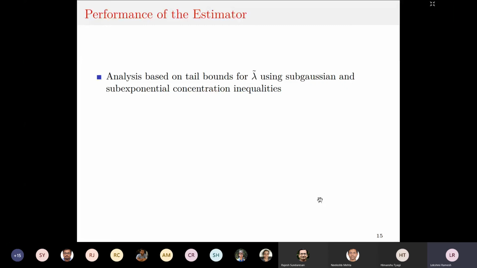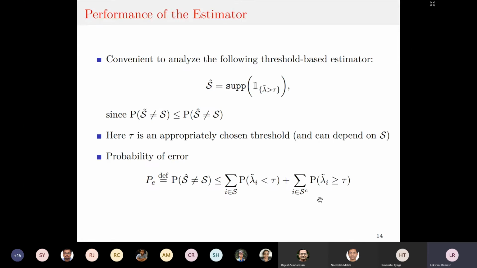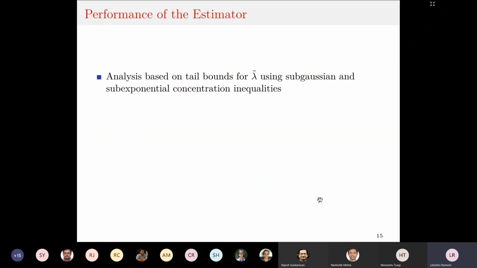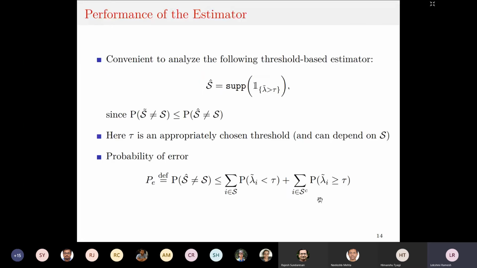A high level idea of how we bound these error probabilities is that it's based on sub-Gaussian and sub-exponential concentration inequalities. The lambda tilde vector has randomness coming from the phi matrix, the samples, and the noise. The first step is to condition on the phi matrix and then bound these error probabilities, taking into account the randomness in phi and noise.